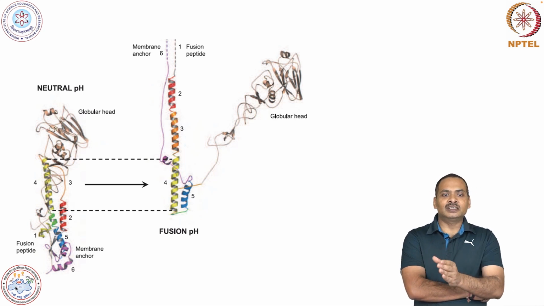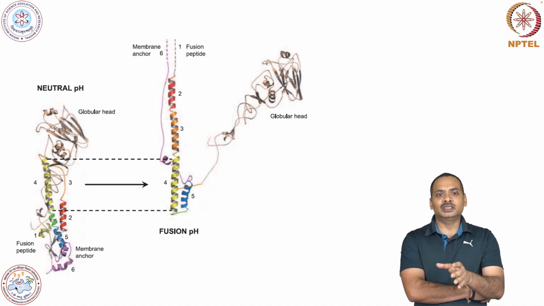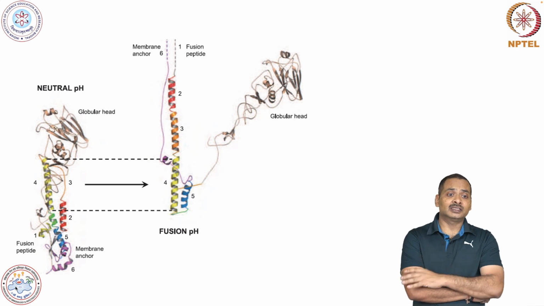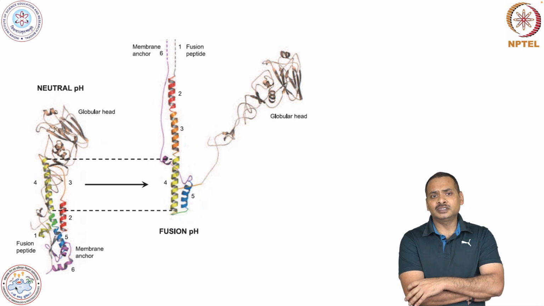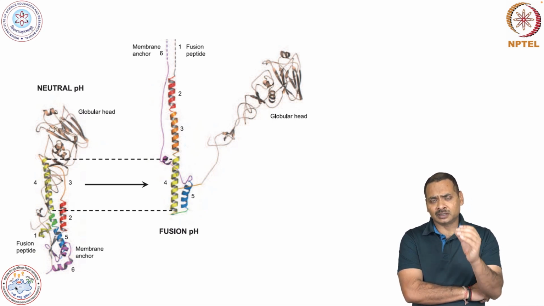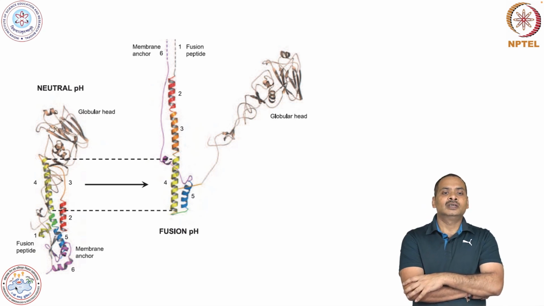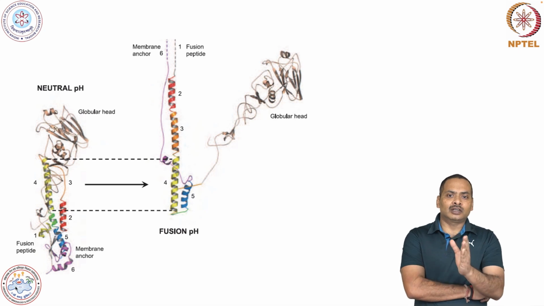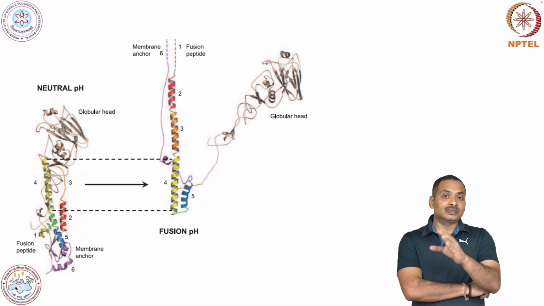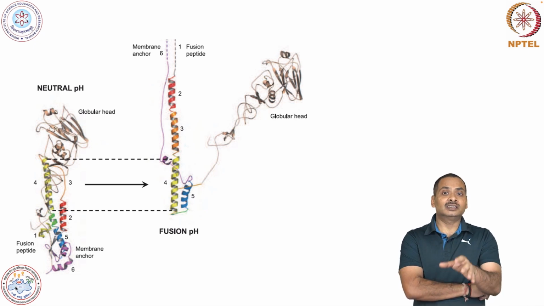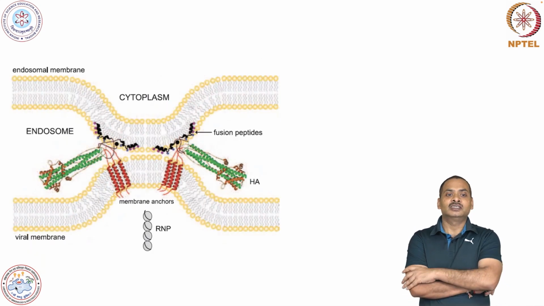One region, the fusion peptide, is exposed, and next to the fusion region there is another region whose main role is to anchor in the membrane. You can see that the globular heads are separated, and overall this facilitates the binding as well as membrane fusion, as you can see in this image.